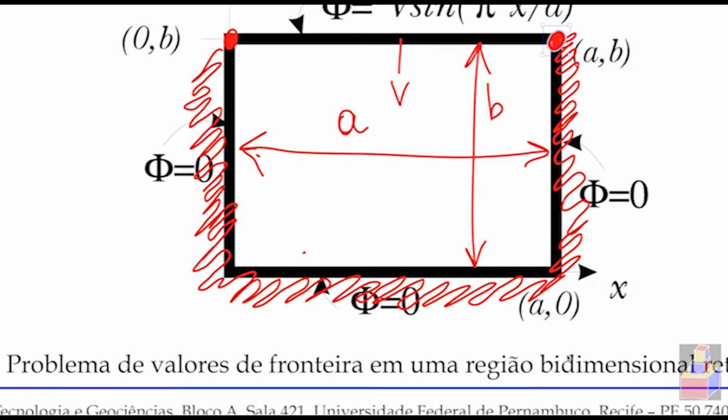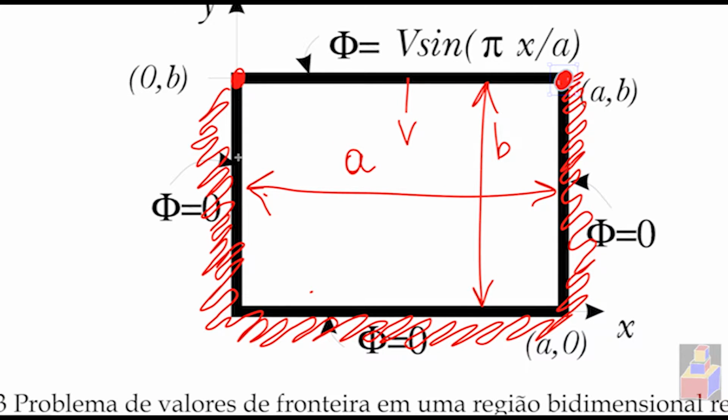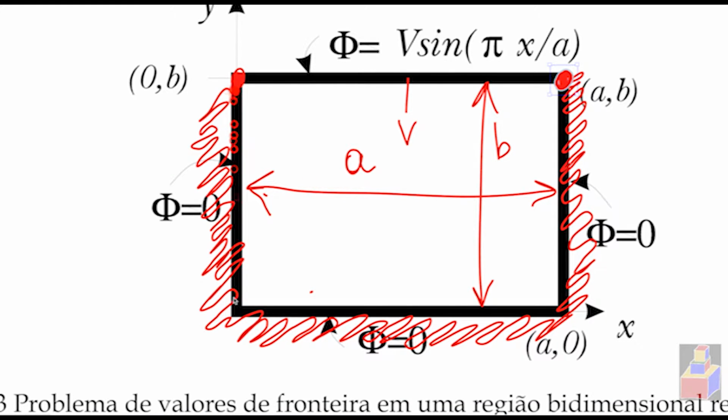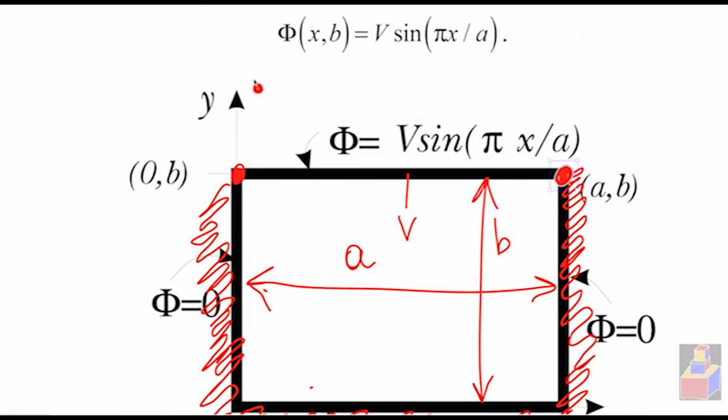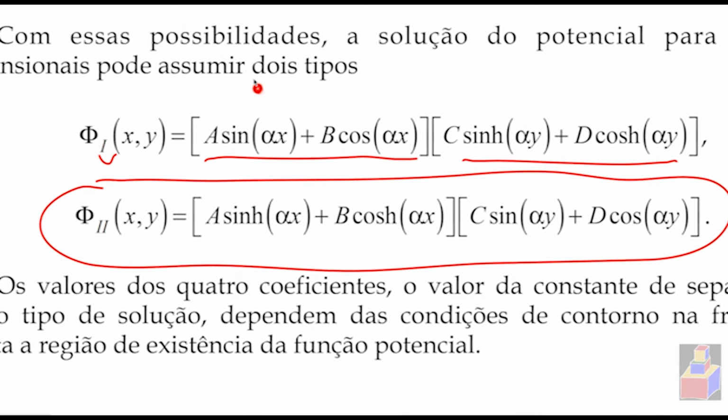But notice that the trivial solution only satisfies those three boundary conditions here. It doesn't satisfy the specific condition on the last segment of the boundary of the domain, okay? So type 2 solution, the one we tried, doesn't work.